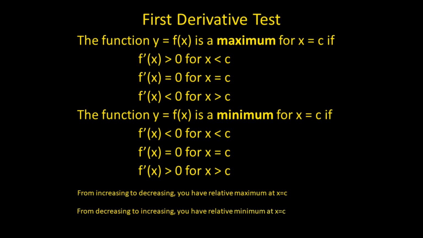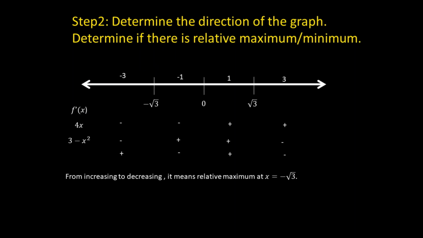Let us determine if there is relative maximum or minimum. From positive to negative, from increasing to decreasing, it means relative maximum at x is equal to negative square root of 3. For the next critical point, x is equal to 0.